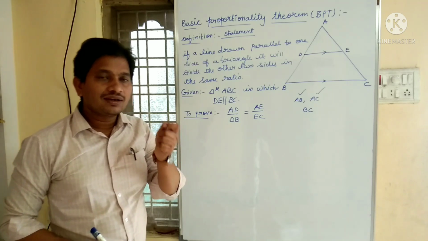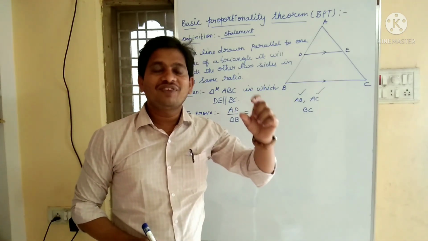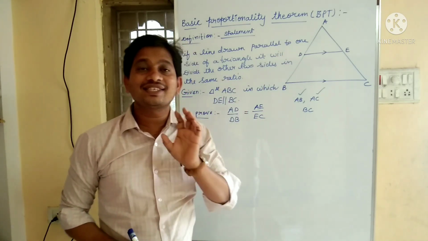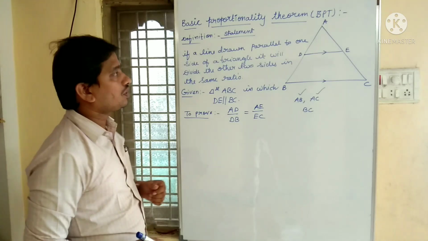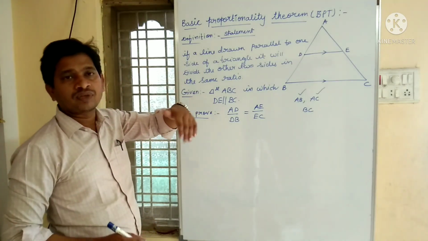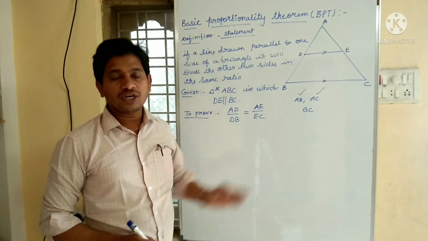If a line is drawn parallel to one side of a triangle, it will divide the other two sides in the same ratio. That is the basic proportionality theorem. They may ask applications based on it, most of the important questions.